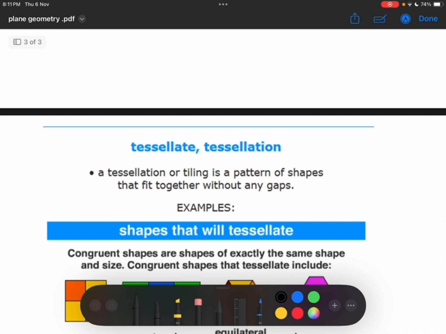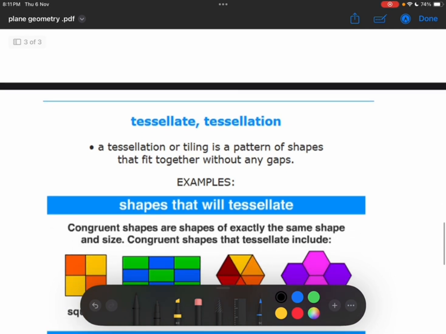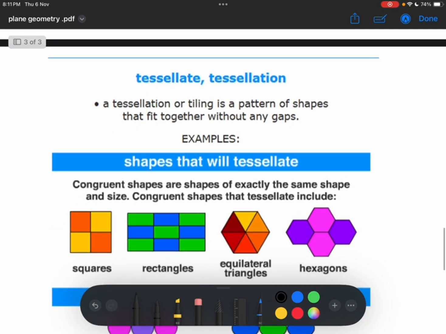So after polygons, regular and irregular, we will move to next, that is tessellation. So what is tessellation? It is a super cool geometric trick, like making a puzzle that fits perfectly without any gaps and overlap. So you can see here a tessellation or tiling is a pattern of shapes that fit together without any gaps.